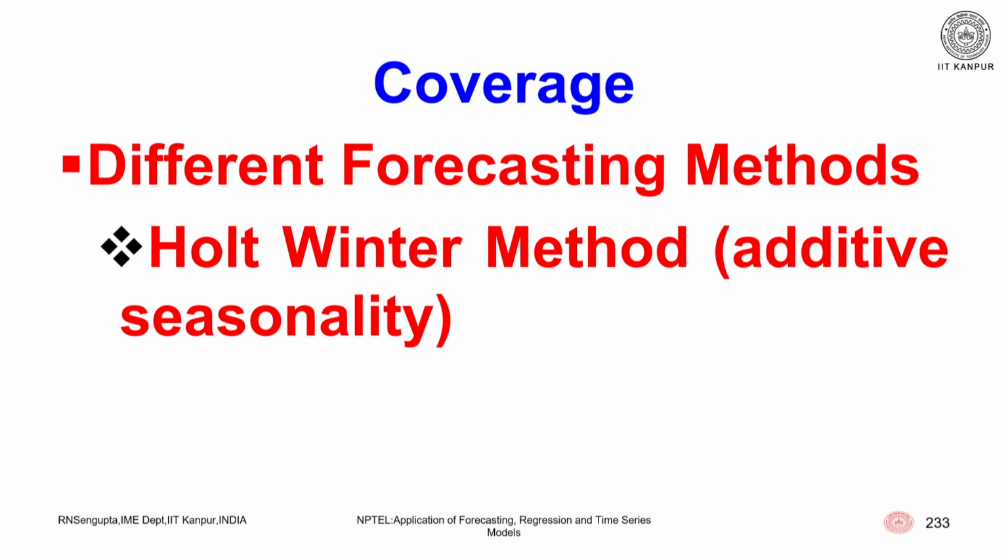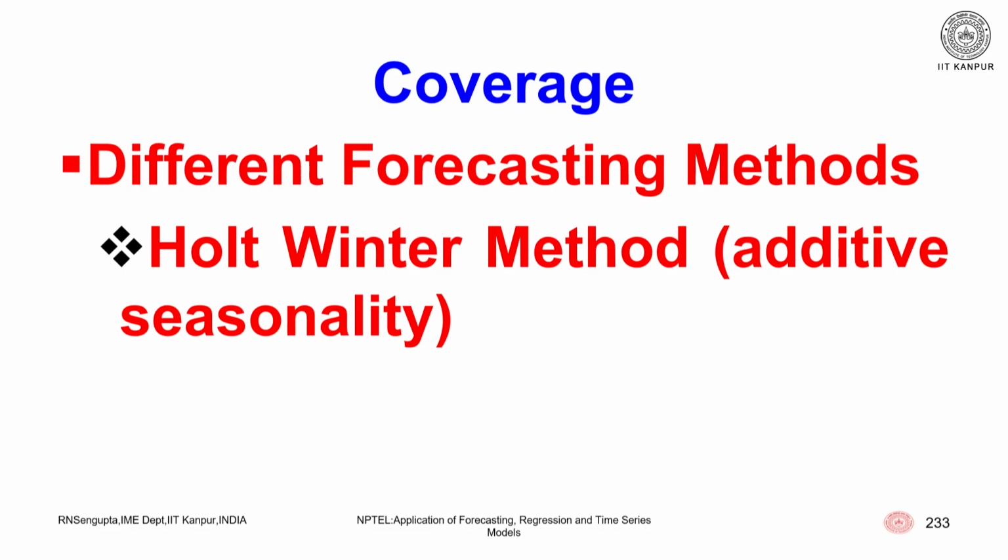Now, as you remember in the last class, which was the last class of the 4th week, we covered in detail the Holt linear method, considering the concepts of alpha and beta, where you had a level and a trend.